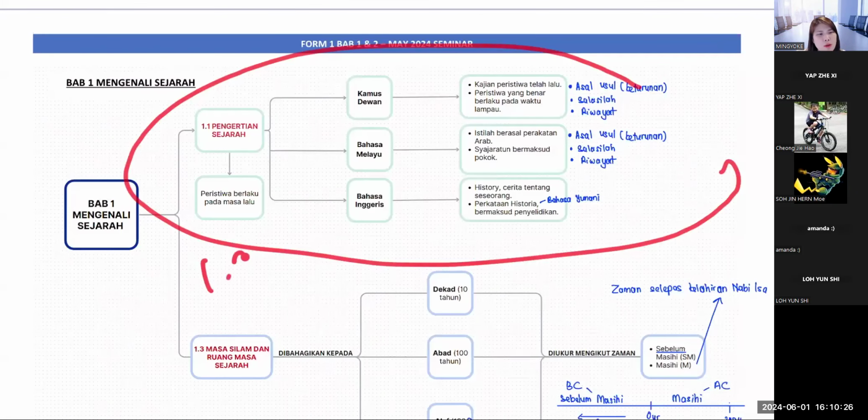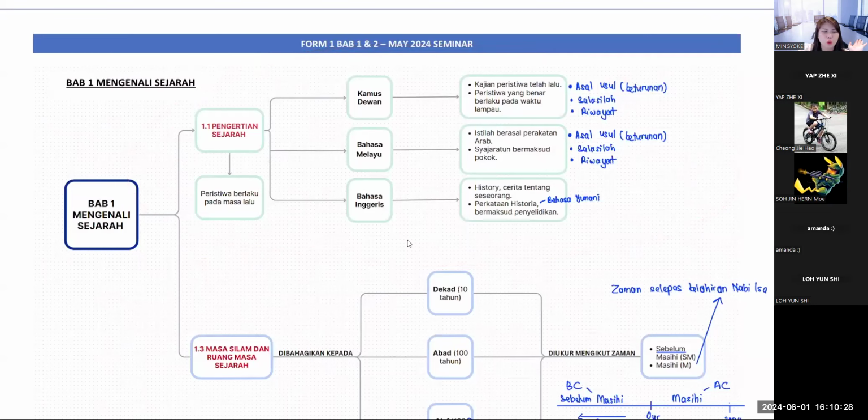You may say, teacher, why don't have 1.2? 1.2 is all the toko-toko, very simple toko-toko. Like example, remember that we have E.H. Carr, we have Herodotus, we have Kukikim, we have Ibn Khaldun, we have Muhammad Yusuf Ibrahim. All these guys, to be honest, they are just mostly objective but school exam, they may ask lah.